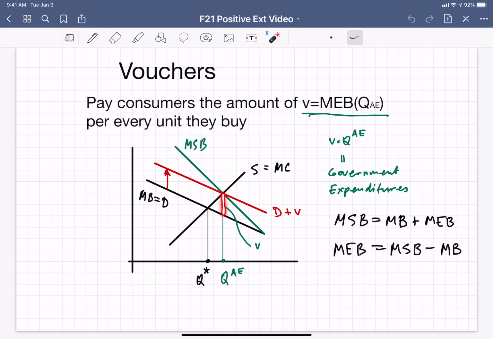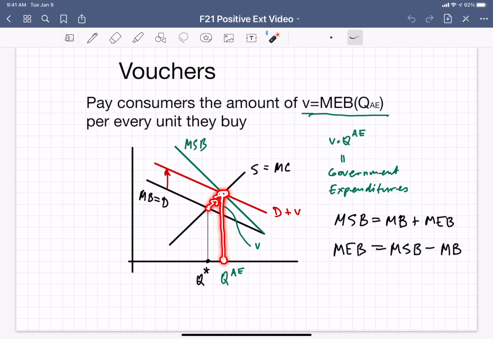That is the voucher, the amount of money given to buyers per one unit that they buy. And that will shift our demand curve up, and that will shift the market equilibrium from this point to this point.